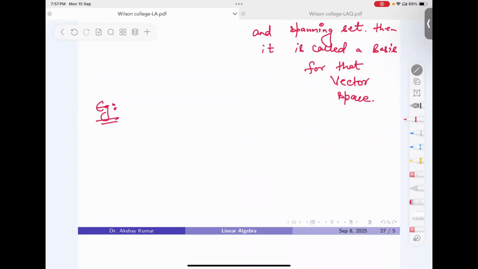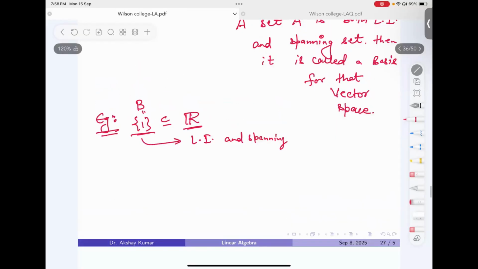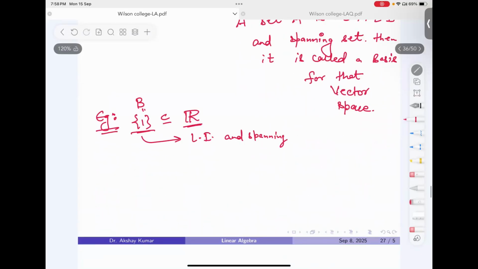So you can check that, suppose in R, this singleton one is linearly independent and a spanning set. So this is the basis for R. And suppose you have an infinite set, suppose A is not a finite set.